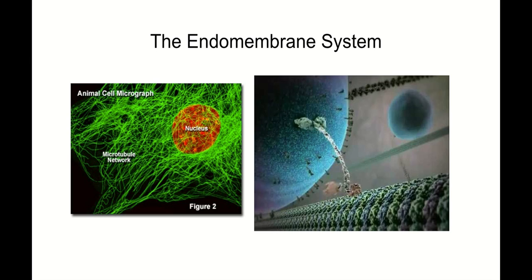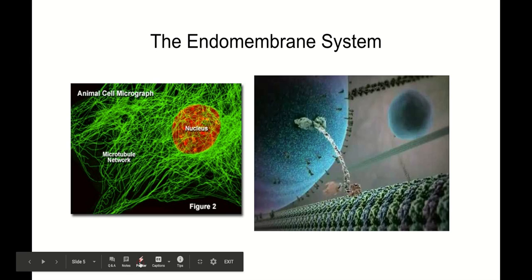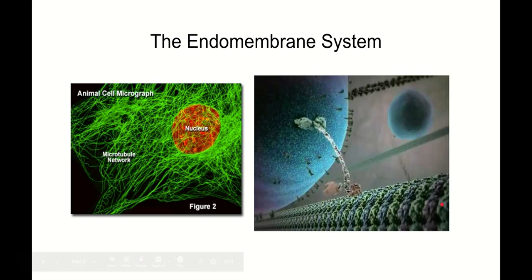With regards to vesicles, the microtubules, which are labeled right here in this left-hand photo, make up this very dense network on which vesicles are physically pulled along from one place to another. There are specific proteins that actually walk along microtubules, like we see right here, while also holding a vesicle.